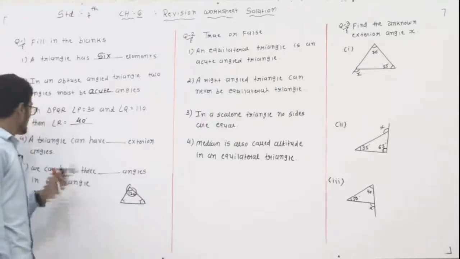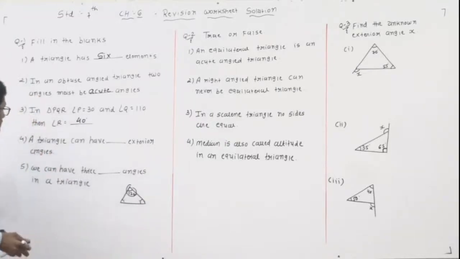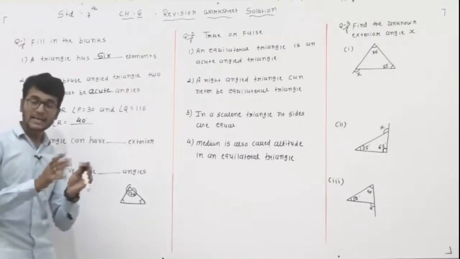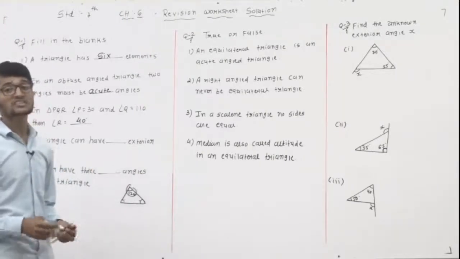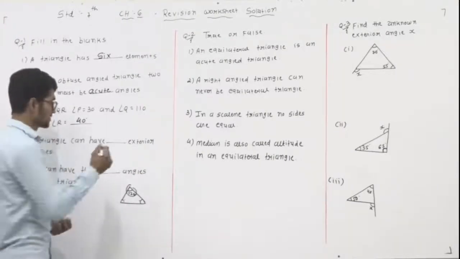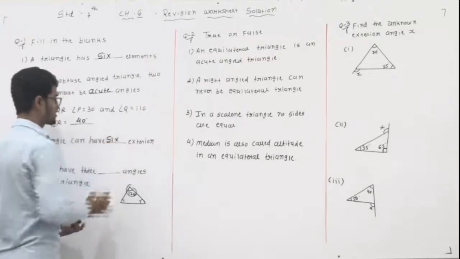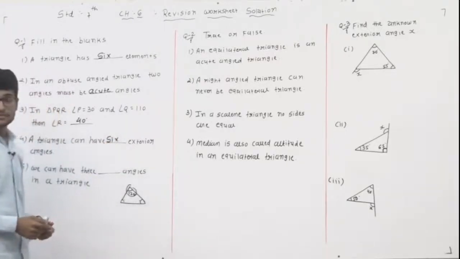Okay, now the next: a triangle can have how many exterior angles? In a triangle, the total is 6 exterior angles.